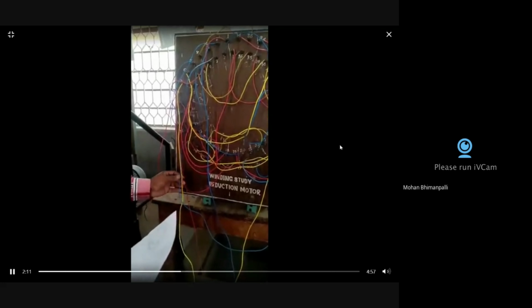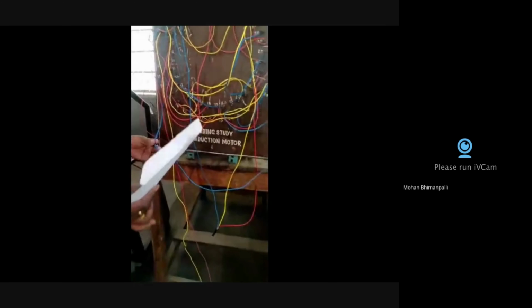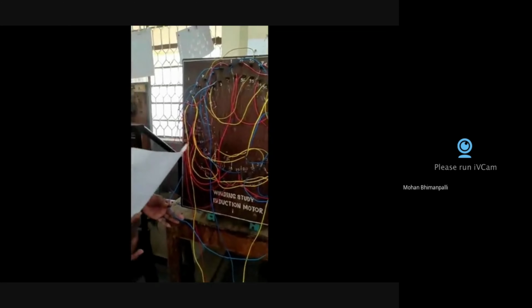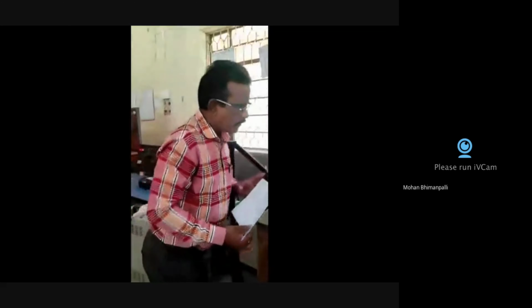And B is connected to slot number 13. Why? Because the phase difference is 120 degrees, which I have previously discussed. So I have properly connected this. If I connect it in front of you, it will take a very long time.